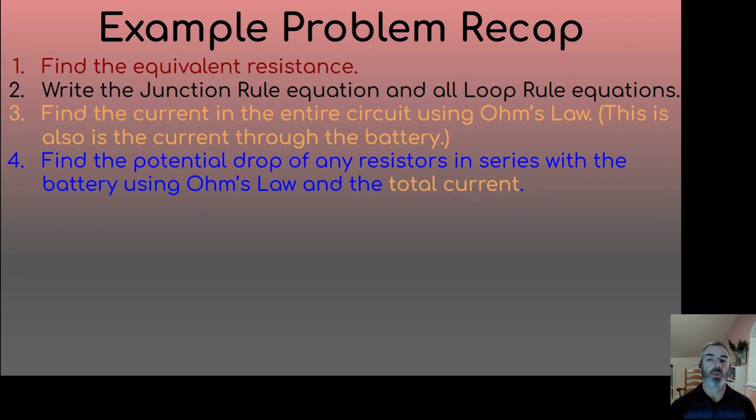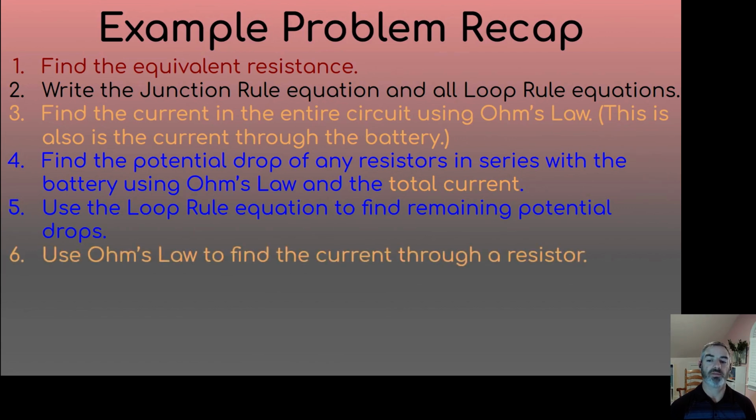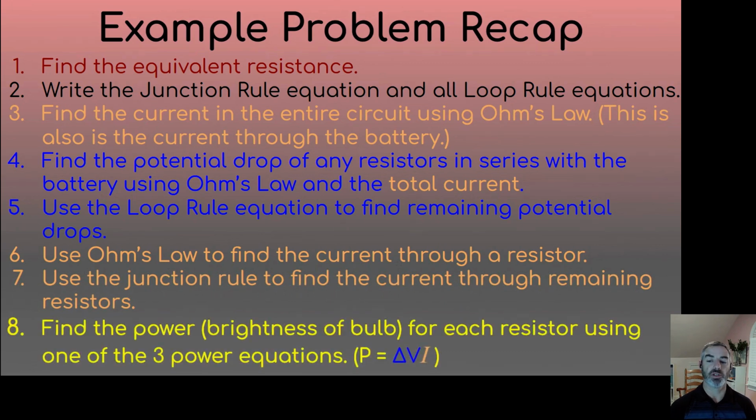Then we used the loop rule equation to find the remaining potential drops across the parallel branch. Then we used Ohm's law to find the current through a resistor. And then the junction rule we used to find the current through the remaining resistors. Lastly, we found the power or the brightness of each bulb for each resistor using delta V times I for each of the individual resistors.